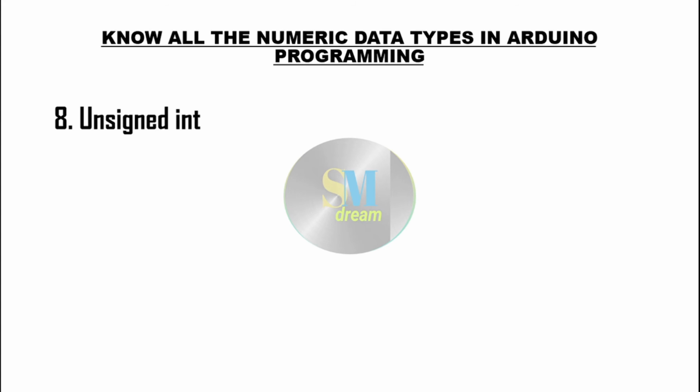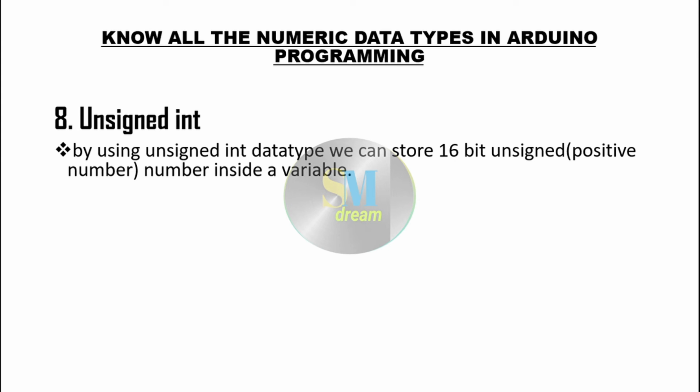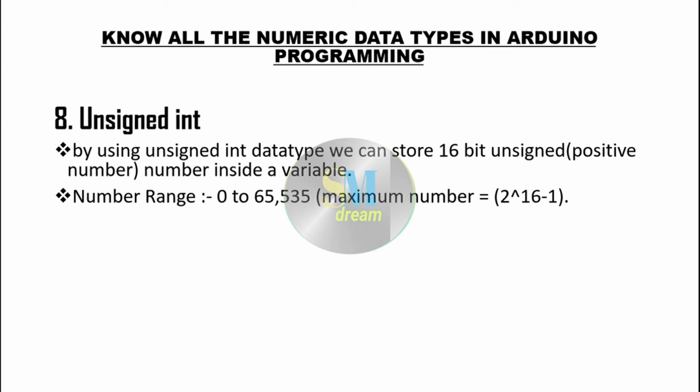Okay, let's move on to the next one. Unsigned int. For unsigned, there is no negative number, only positive numbers we can store. So by using the unsigned int data type, we can store a 16-bit positive number inside a variable. So here you can see the number range. The maximum number is 2 to the power 16 because for int it was 2 to the power 15 minus 1, but here it is 2 to the power 16 because there is no negative number.